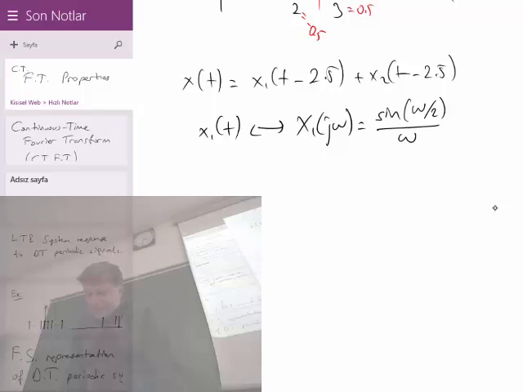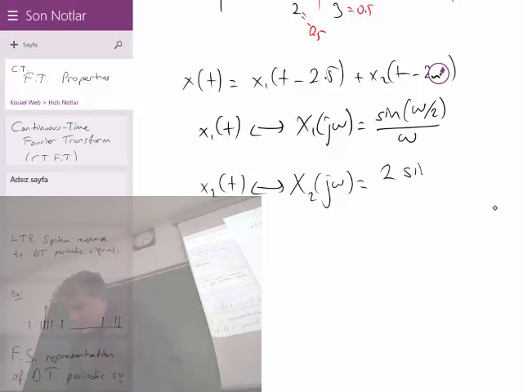This is the Fourier transform of the first term. The Fourier transform of the second term, x2 of t, corresponding to x2 of j omega, is 2 sine 3 omega over 2 divided by omega.